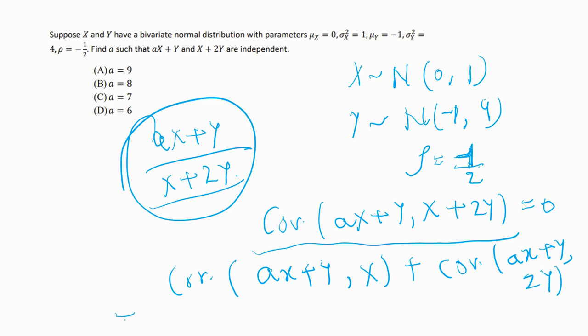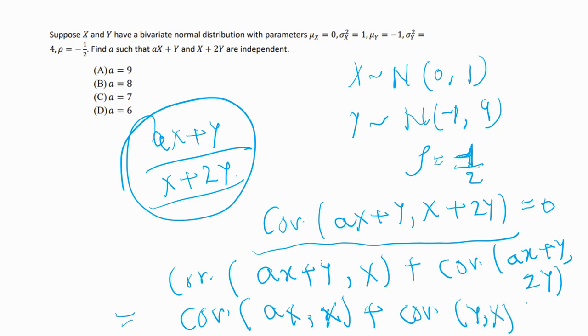Then the first one can also be written as covariance of ax comma x plus covariance of y comma x.